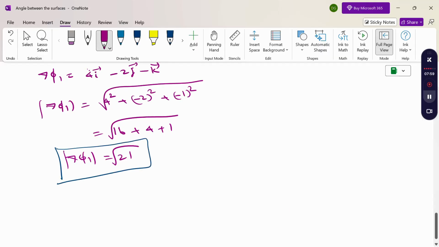Then del phi 2 equals 4i vector minus 2j vector plus 4k vector.